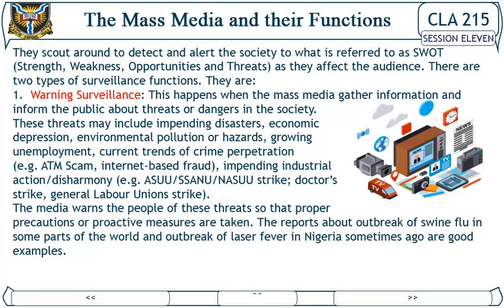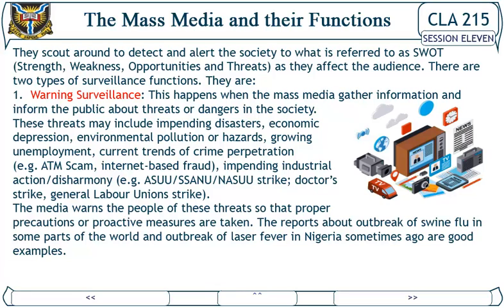There are 2 types of surveillance functions. They are 1. Warning surveillance. This happens when the mass media gather information and inform the public about threats or dangers in the society.